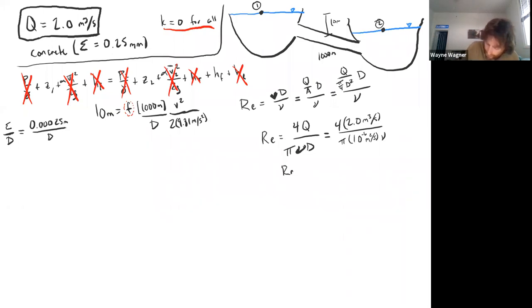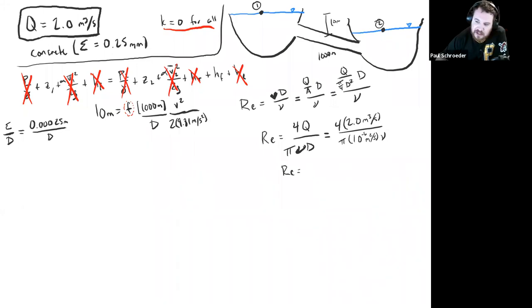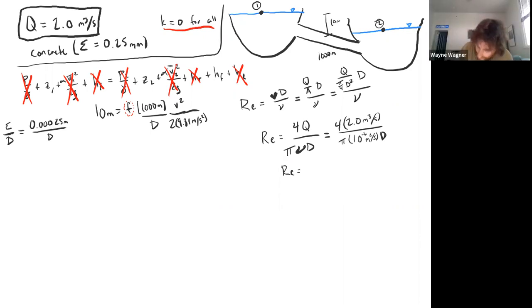So the Reynolds number, if we make this an easy equation, is going to be. That should be a D on that last one. Oh, you wrote an extra nu. Yeah, D, thank you. Okay, so let's see here. We're going to get 8 divided by pi, divided by negative 6.